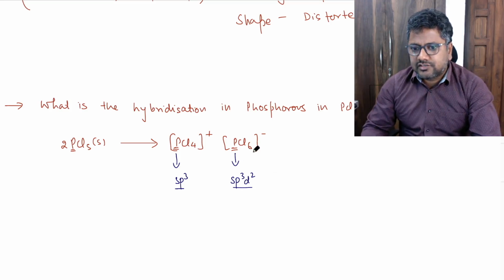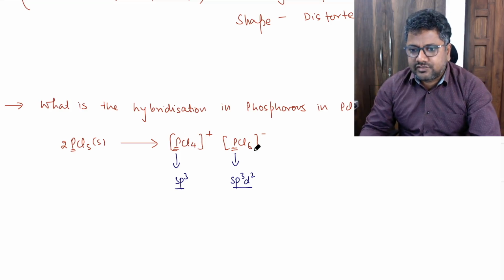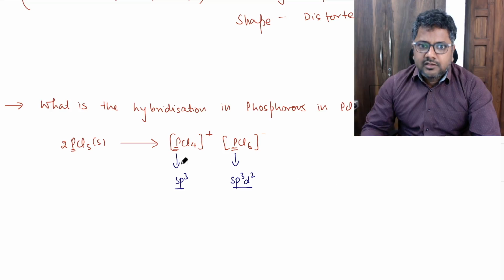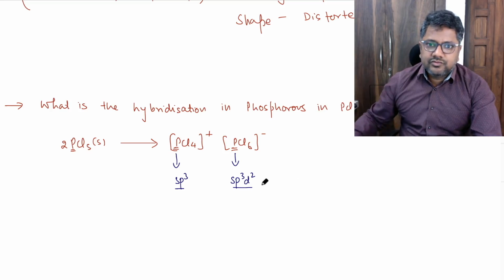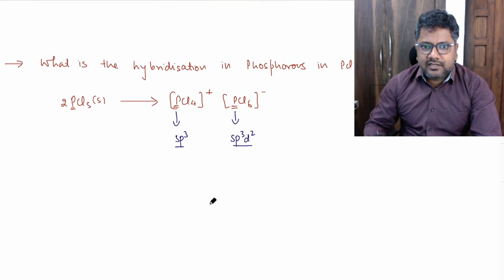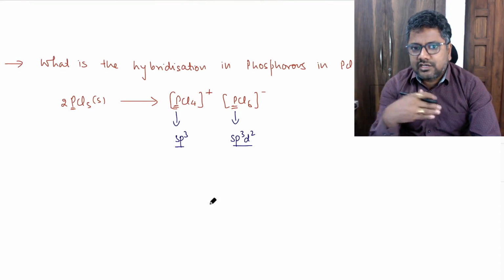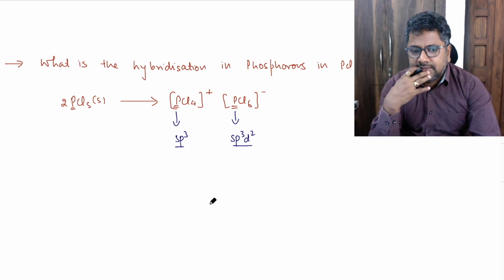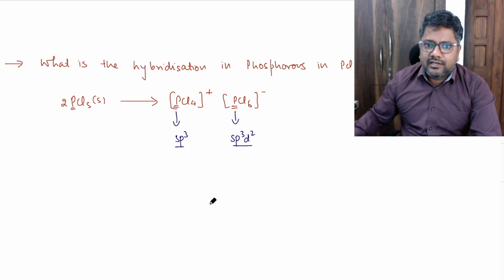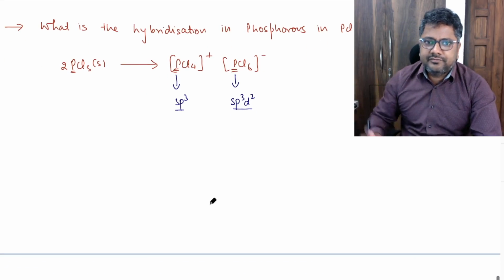There is no distortion because there is no lone pair of electrons in any of these, right? So your answer is sp3 and sp3d2. So like this PCl5, now you will draw the structure and everything. I will discuss one of these cases. Okay, let's discuss this.